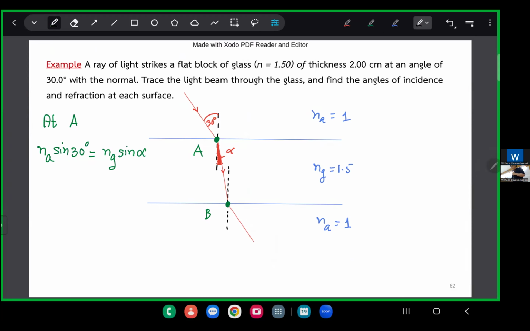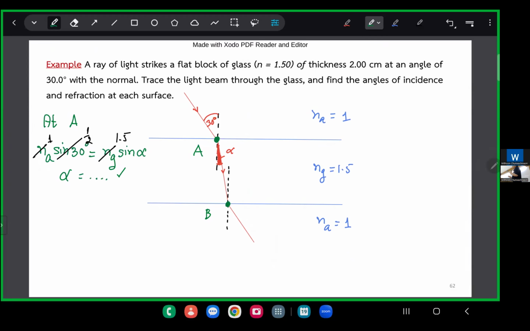Then I can substitute the values. N of air is 1, sine 30 is a half, N of glass is 1.5. No big deal. Now alpha can be found using your calculator. Easy as that. Snell's law is good, compact, easy to use, not very confusing. And then you move on to point B.